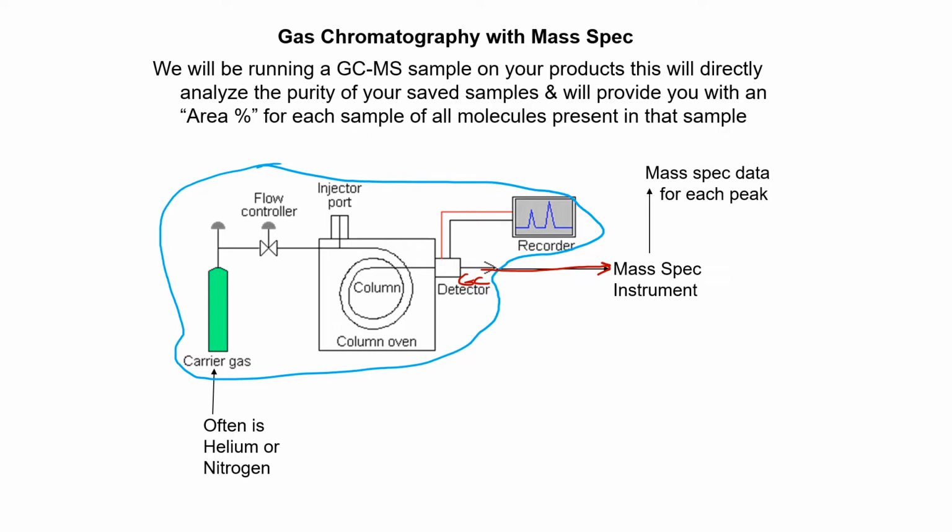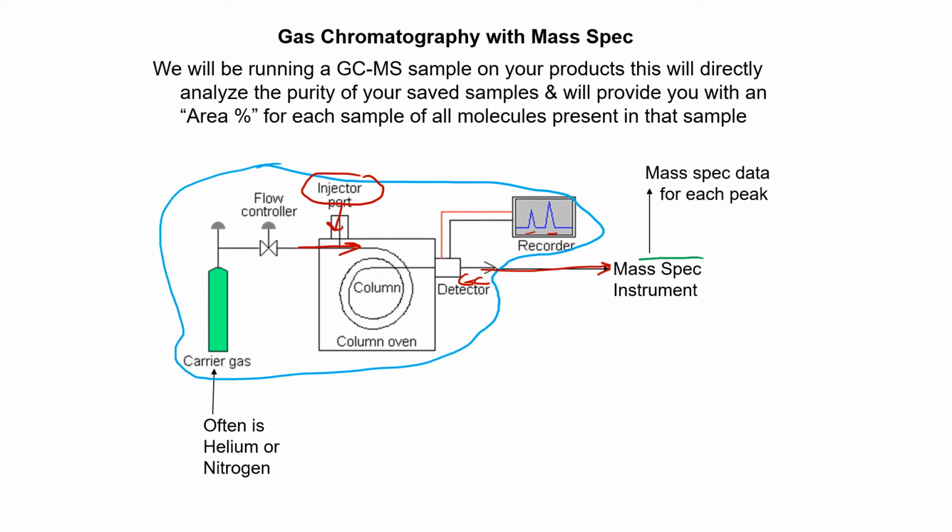Our samples get injected at the injector port and go through a column. Once they're injected, they're heated up a lot, to the point where they vaporize. They go from a liquid state to a gas. And the carrier gas is going to push those molecules through this column. The molecules are going to travel through this column at different rates and be recorded when they come out from the GC.